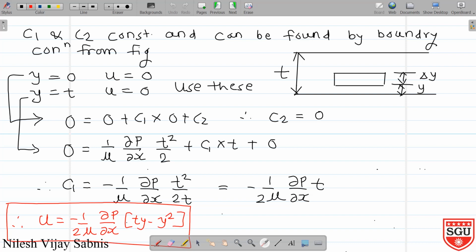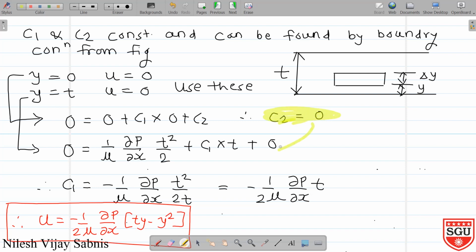And if this y is at the upper side plate, then y is equal to t. At that time also velocity will be 0. Considering the first condition, putting y is equal to 0 and u is equal to 0 in the previous equation, we will get C2 is equal to 0.